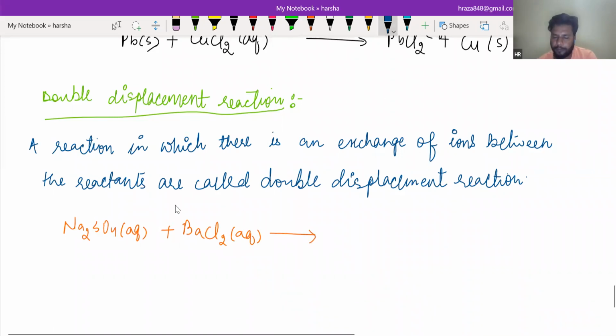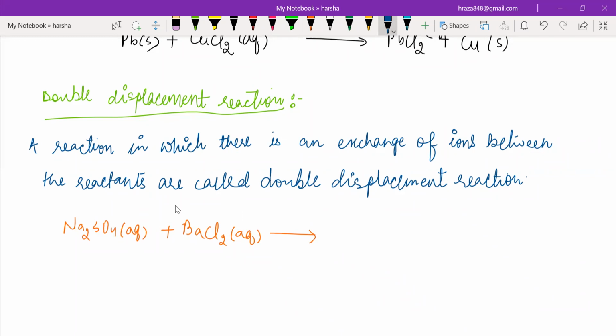You know that sodium is a metal or non-metal? Can anyone tell me? Metal. And barium is metal or non-metal? This is also metal. Barium is from the second group.